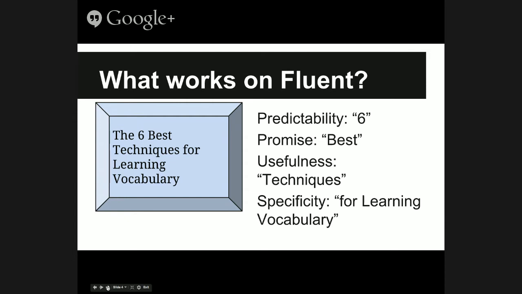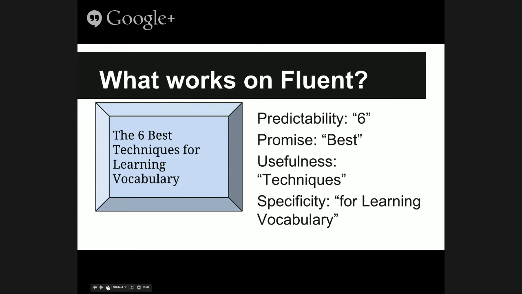And in this particular headline, the number 6 makes it very predictable how long the article is approximately going to be, how much thinking the user or the reader is going to have to do, and what is coming up. So they know, okay, there's a list of 6 things. This is very predictable. It's not going to be a video, etc.